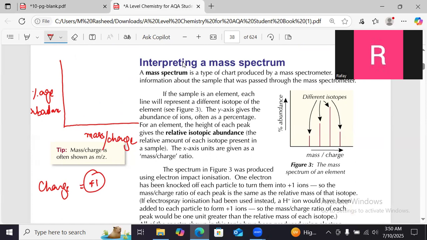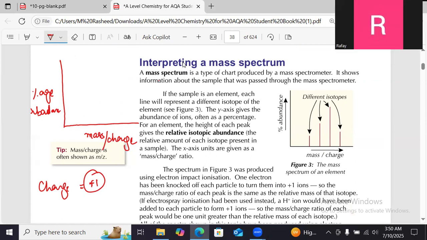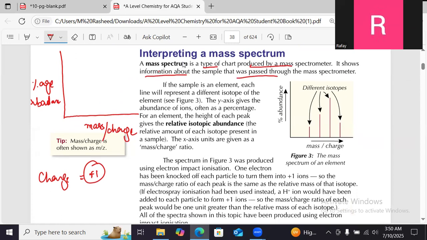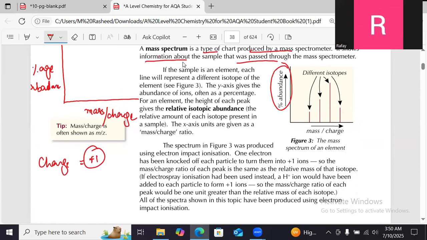A mass spectrum is a type of chart provided by a mass spectrometer. It shows information about the sample that was passed through the mass spectrometer. Over here, percentage abundance is shown along with mass to charge ratio. So if an element has 4 isotopes, you'll see the number of peaks will be 4, because isotopes have different masses.